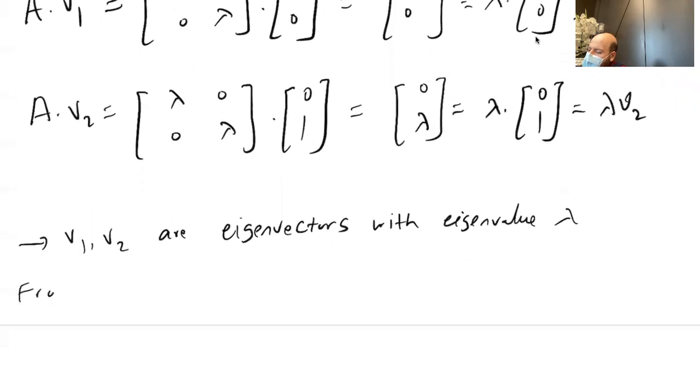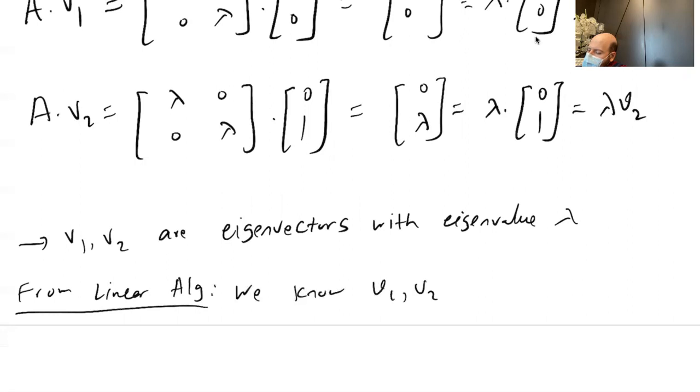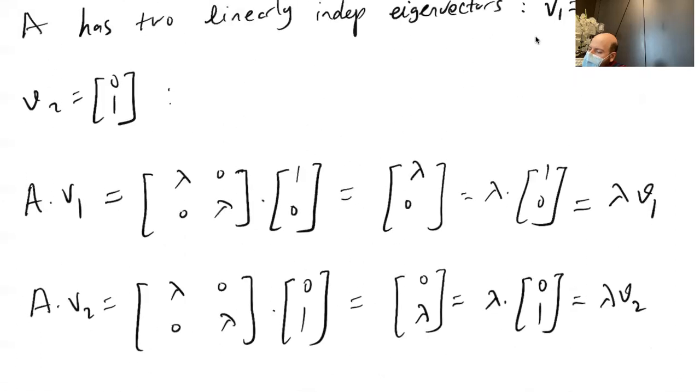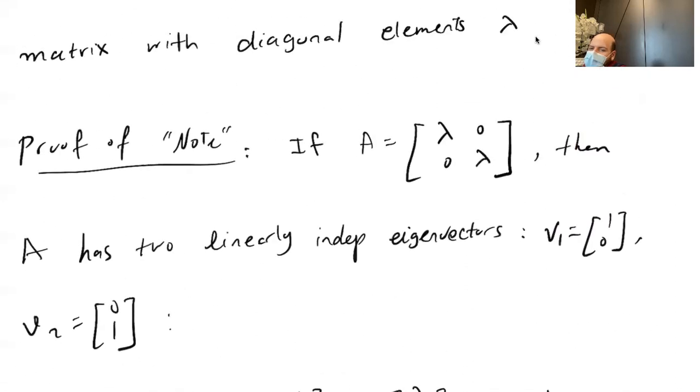And from linear algebra, we know that V1 and V2 are linearly independent. So in this case, the proof was simple, because if A is diagonal with diagonal elements lambda, we can introduce eigenvectors that are linearly independent.